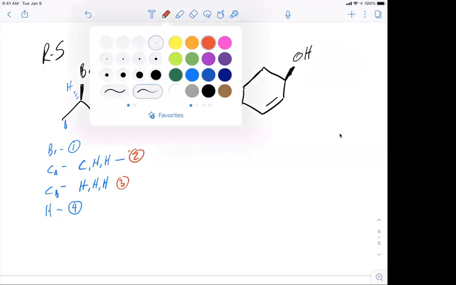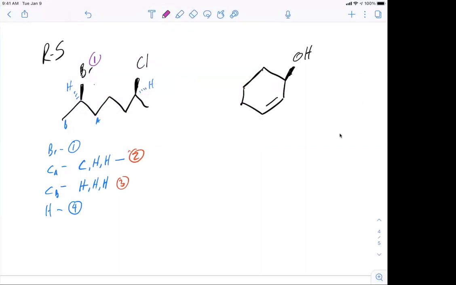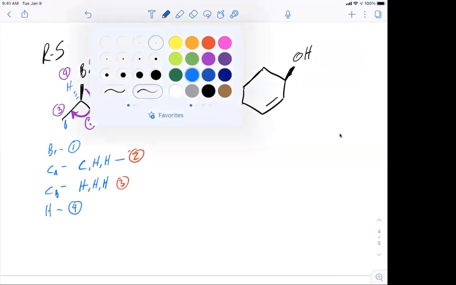So if we come back up here and put that in, so here's 1, 2, 3, and then 4, I can see that I want to draw an arrow from 1 to 2 to 3. That's going in the clockwise direction, and clockwise direction is going to be R. We'll do the same thing with the chlorine up here, and I'll do it a little faster.